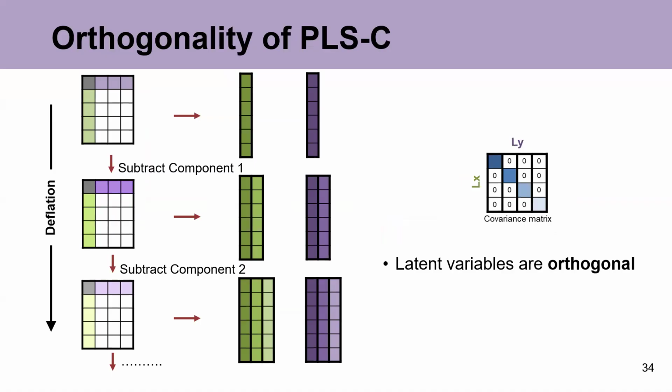In PLS, if you look at the singular values matrix, this is if we correlate my latent variable X to my latent variable Y, with the rows first and the columns corresponding to the components. You'll see that these first two will have the maximum covariance, but that will be orthogonal to the second component of the other table. But it doesn't mean that it's going to be orthogonal to its own second.